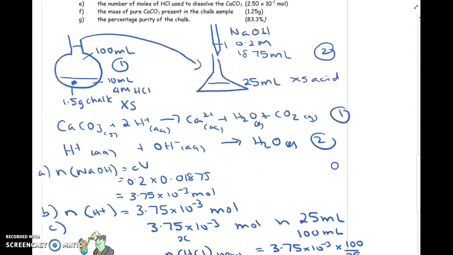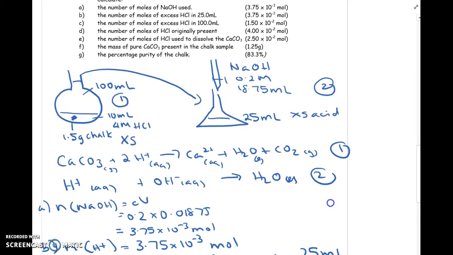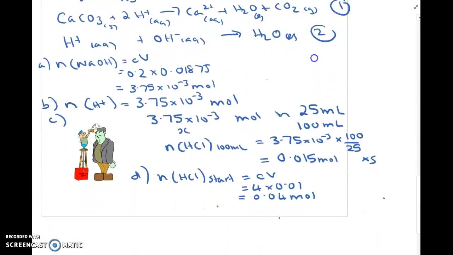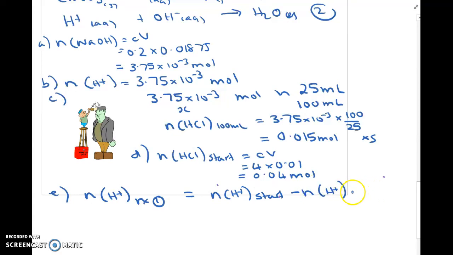Now, part E. The number of moles of HCl used to dissolve the calcium carbonate. So, the number of moles of hydrogen ions used in reaction 1 will be equal to the number of moles of hydrogen ions from the start minus the number of moles of hydrogen ions in excess.